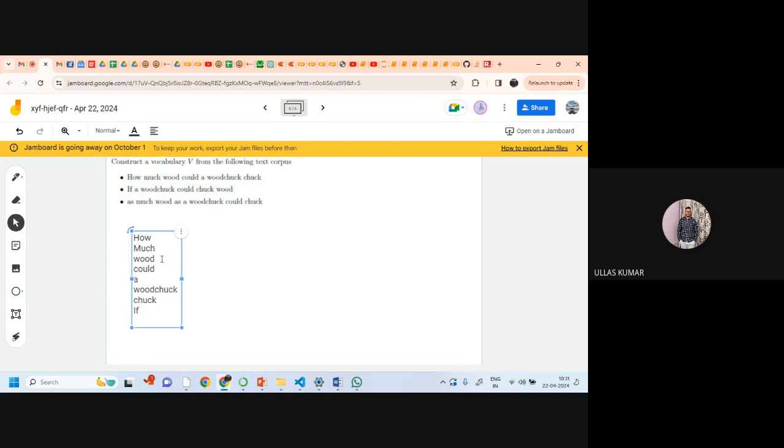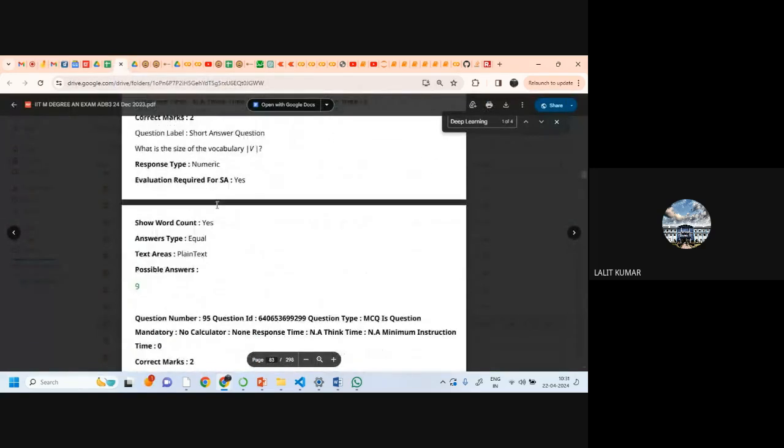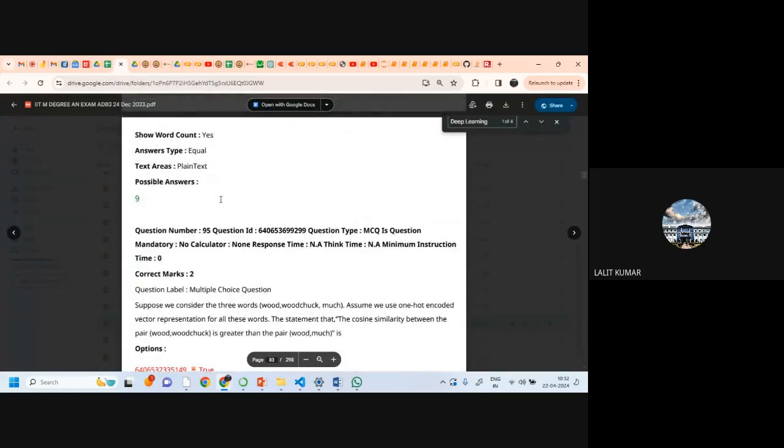In the last sentence, the first word is as. As much is there, wood is there, as is there, a is there, woodchuck, could, chuck. Completed. So it's 9: 1, 2, 3, 4, 5, 6, 7, 8, 9. Okay, good.